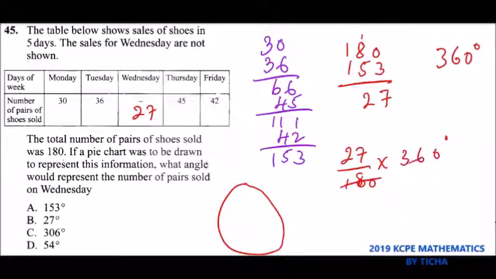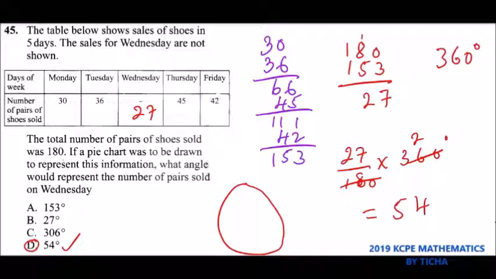We can divide that, and we say this is 2. And when you multiply 27 by 2, you get 54. When you get 54, check from the answers, you will find that D is the correct answer, and that is the answer that you shade on your answer sheet.